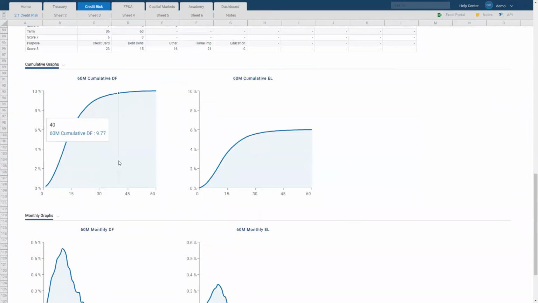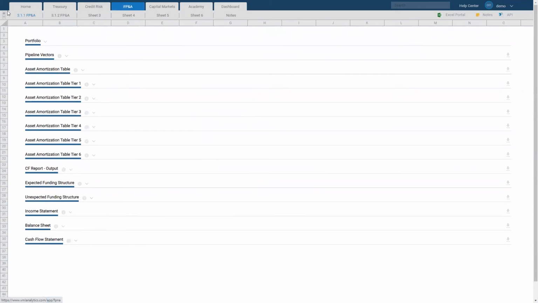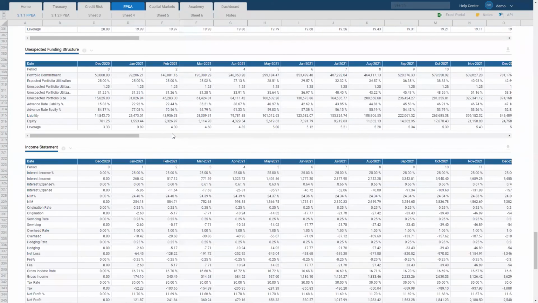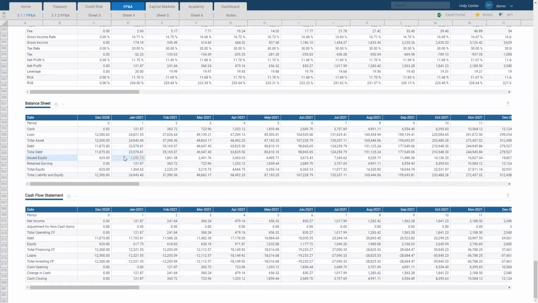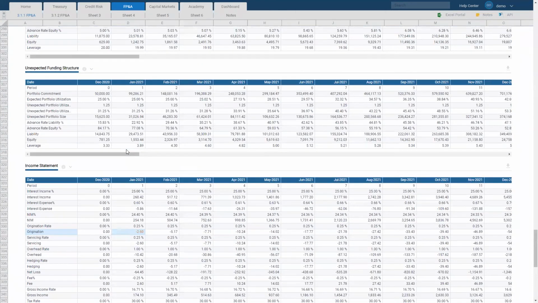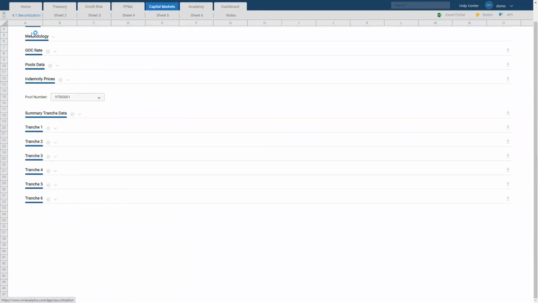With that, we're able to produce the cumulative default curves as well. Financial planning analysis is no stranger as well. We go all the way to producing income statement, balance sheet, and to the loan level. We also have capital markets.